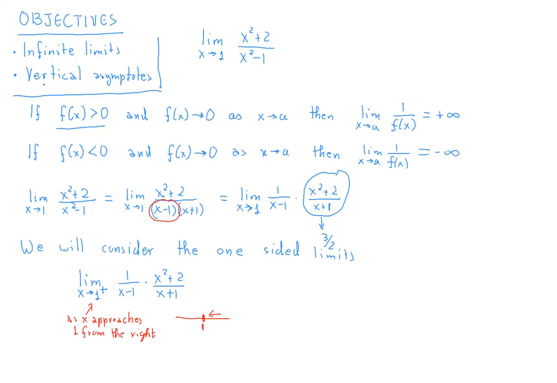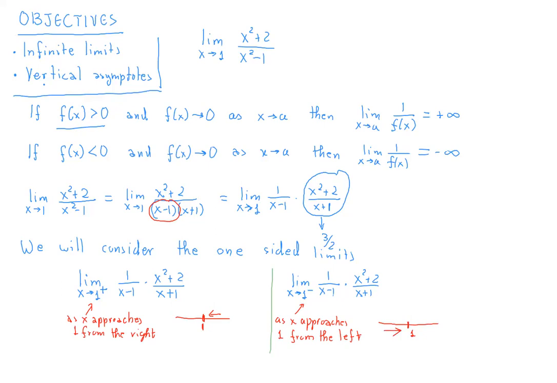And then we will also take the limit as x approaches 1 from the left of 1 over (x minus 1) times (x squared plus 2) over (x plus 1). And this is as x approaches 1 from the left. Okay, so here's the picture right here.